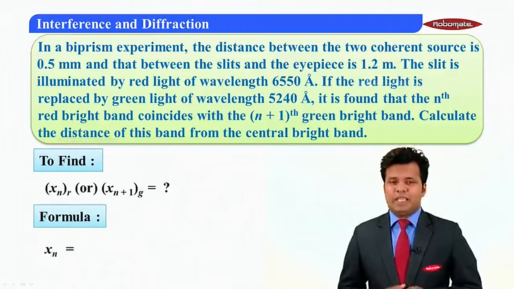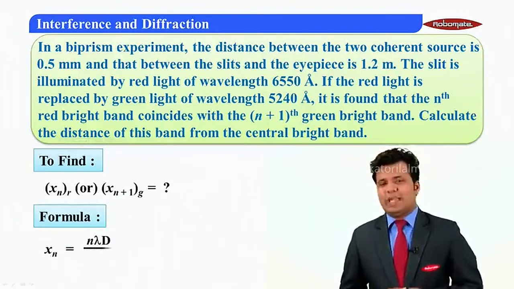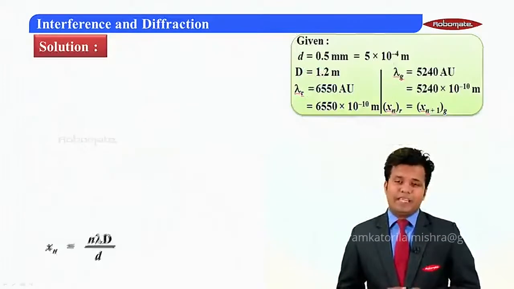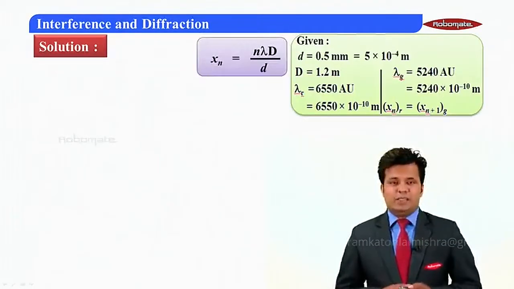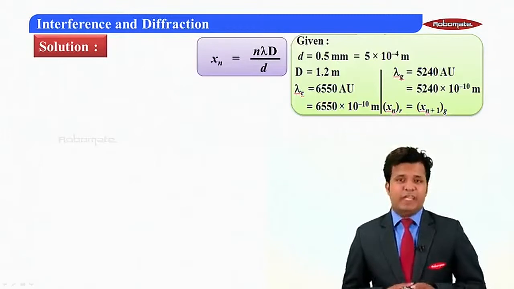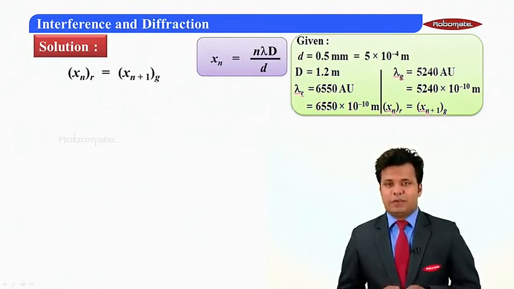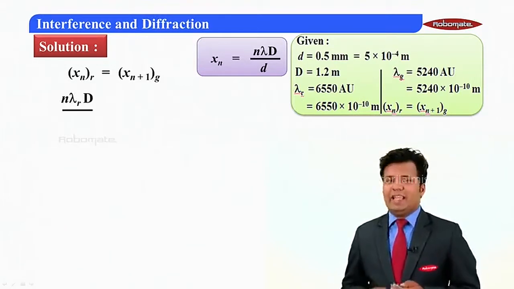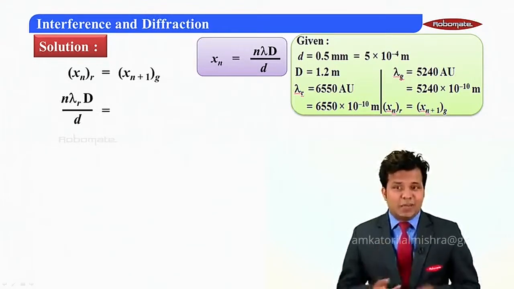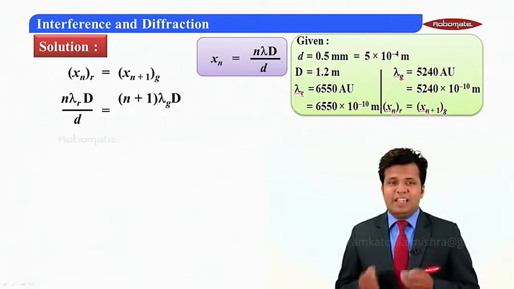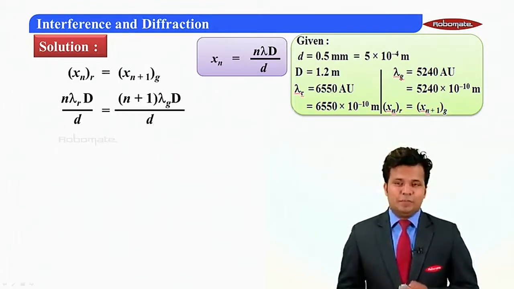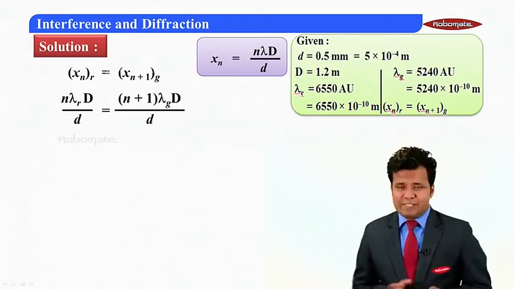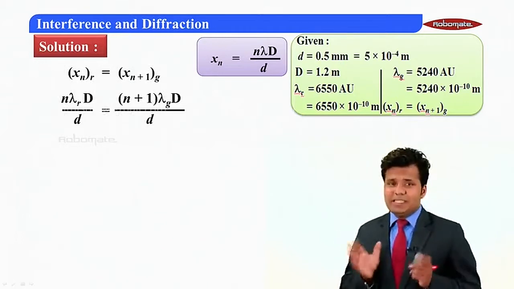We would be taking care from the formula xn equals n lambda D by d. So just try using this formula for the given data. How does it go? Xn for r is equal to xn plus 1 of g. So n lambda r D by d is equal to n plus 1 lambda g D by d. As we know, the experimental setup is kept intact.